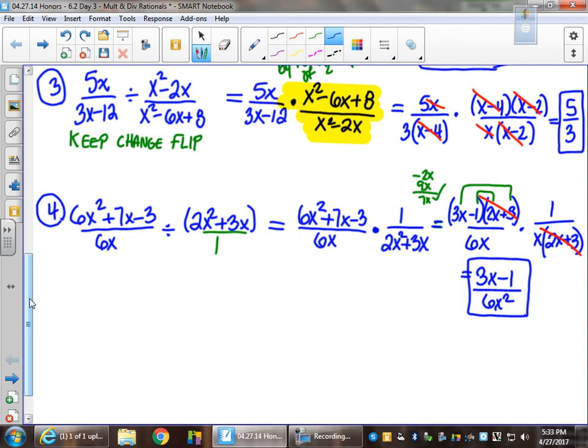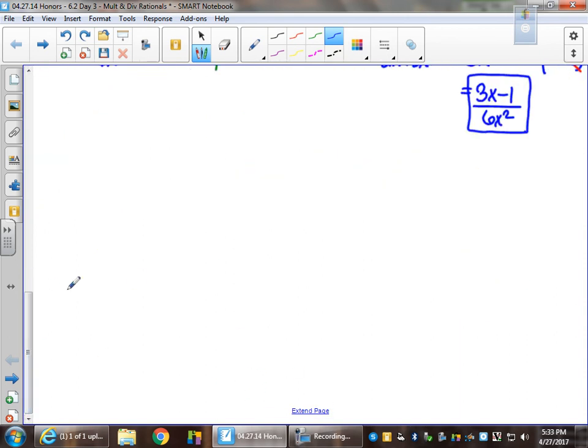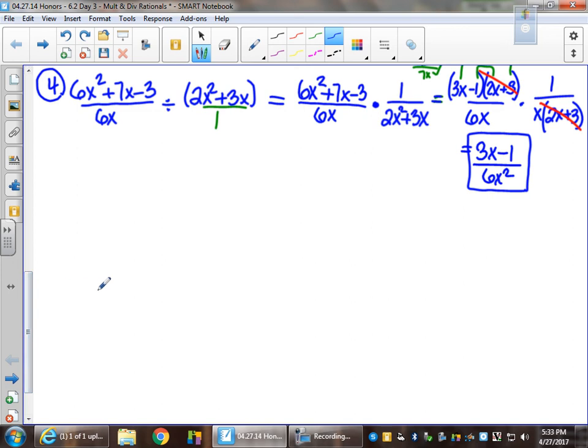Number 5. If you're towards the bottom of your page, make sure you have not a ton of space, but if you're in the bottom line of the page, start a new page.